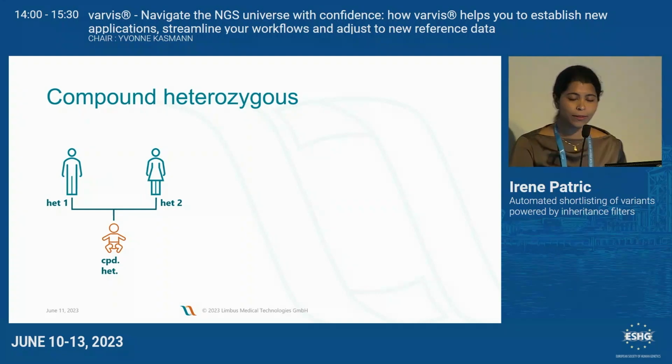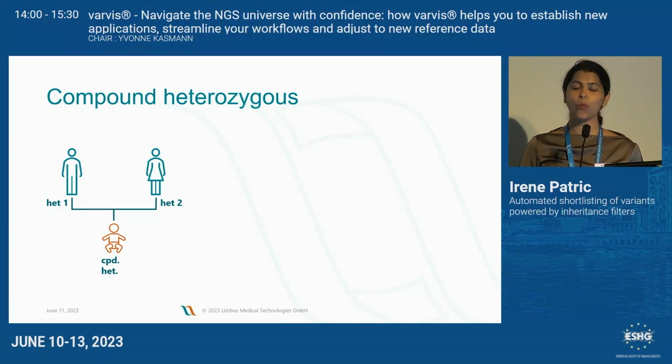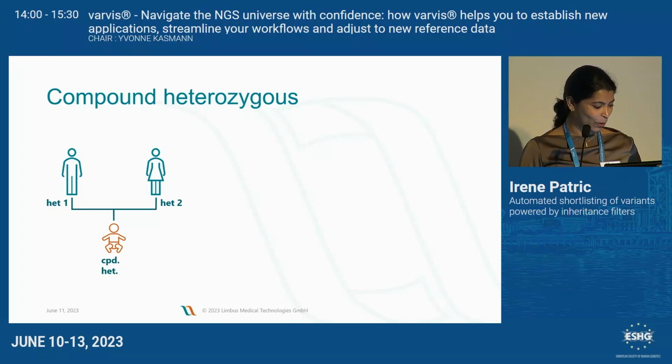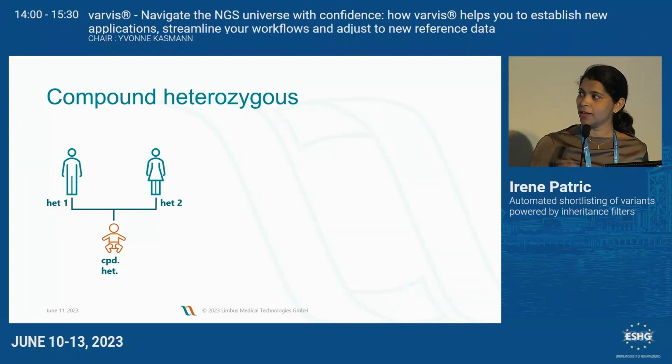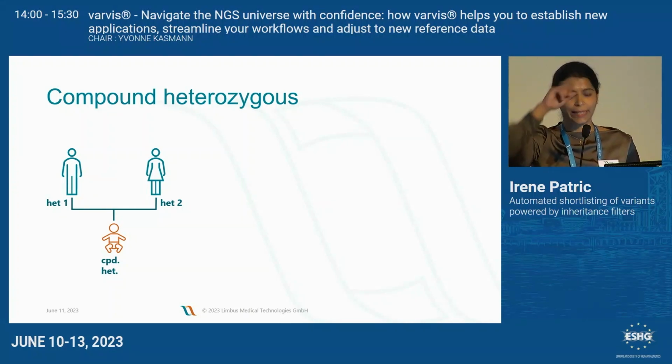So the most complex filter, of course, is compound heterozygous. That was quite difficult to build because it has several layers. This is how a regular filter will be built: compound heterozygous in the affected individual and the parents must be heterozygous for one variant each.